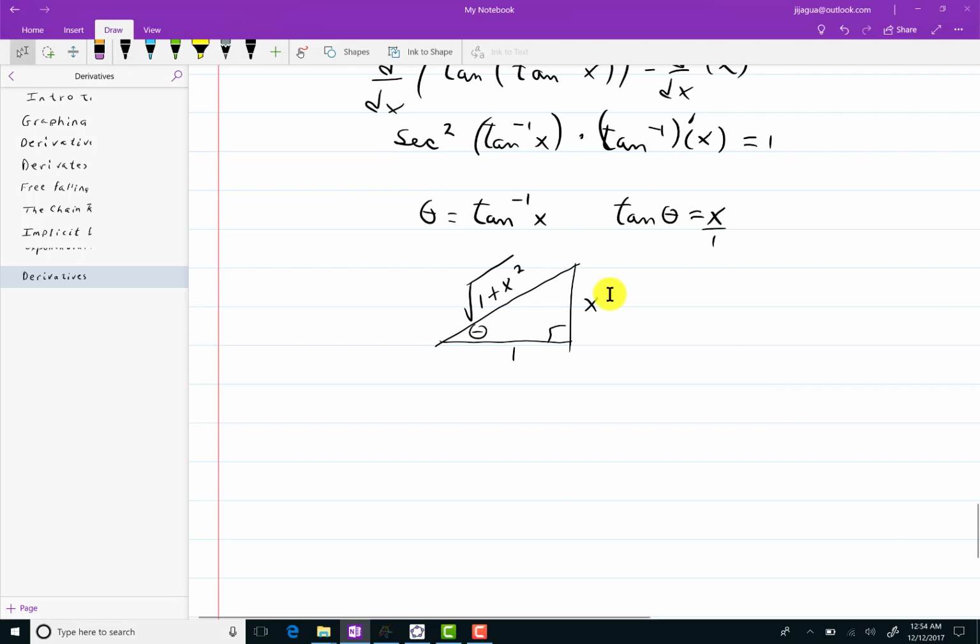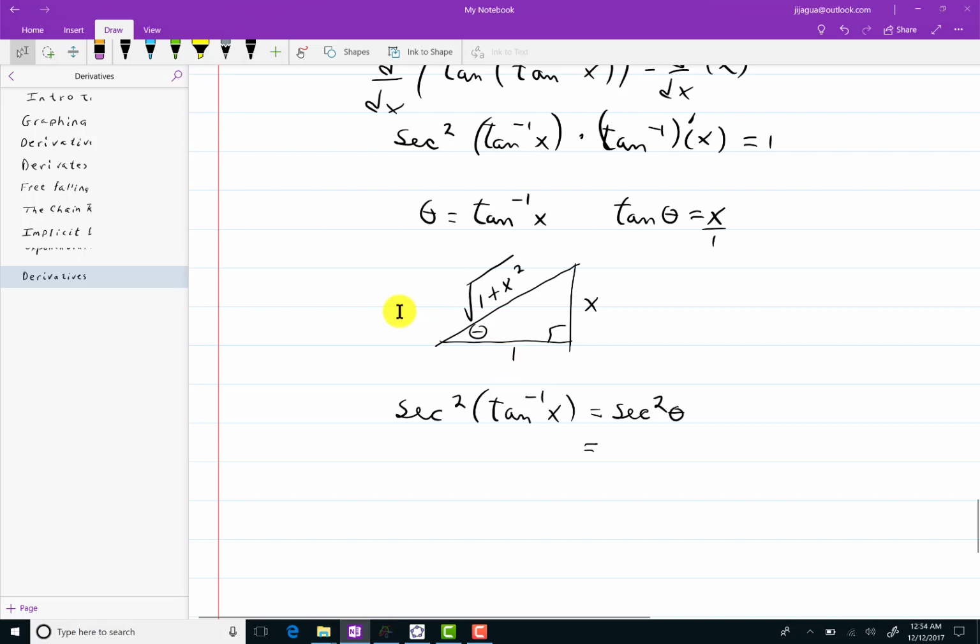So what I need to figure out is secant squared of theta. So secant squared of tan inverse of x is the same as secant squared of theta. Well, secant of theta is hypotenuse over adjacent.